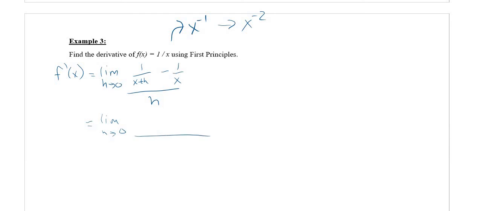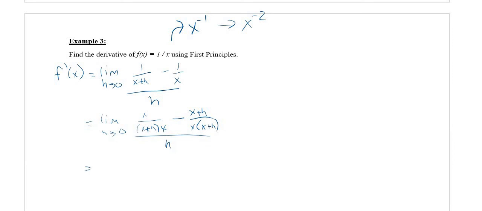So what we're going to do is a bit of cross multiplying, and we're going to take the first fraction and multiply the top and the bottom by x. So x plus h times x. And then the second fraction, we're going to multiply the top and the bottom by x plus h, just so we have the same denominator.